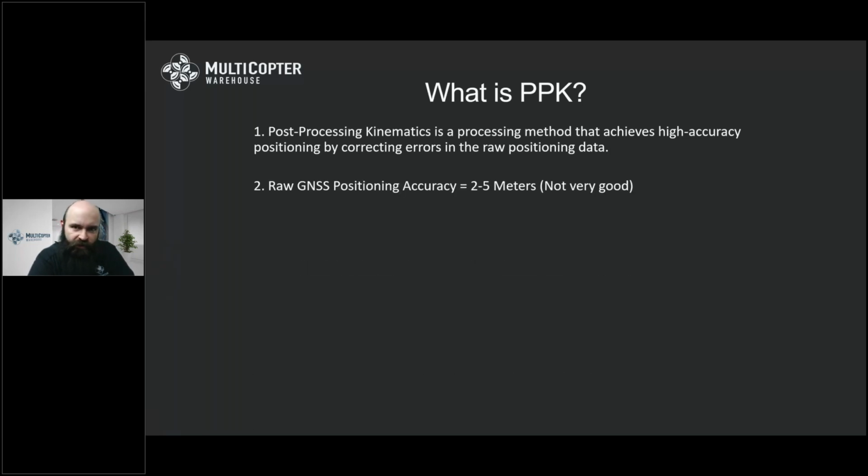Raw GNSS positioning, if you were to fly your drone without doing RTK or without PPK, we typically expect accuracies from under 1 meter sometimes, but as bad as up to about 5 meters away from the true position of the aircraft, which is not really good enough for situations where survey grade accuracy is a requirement.